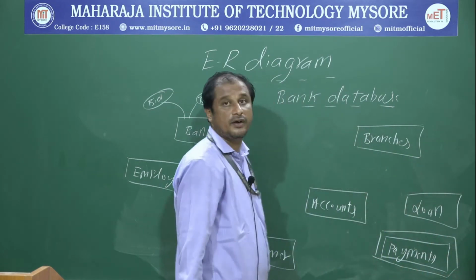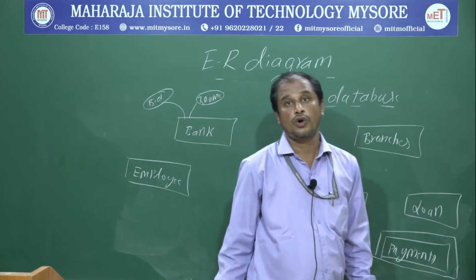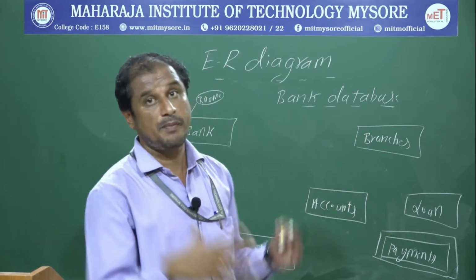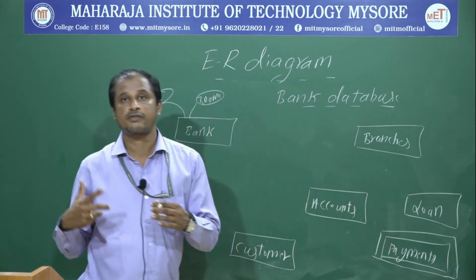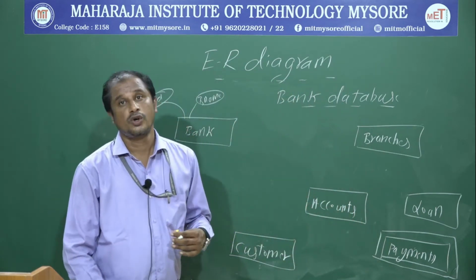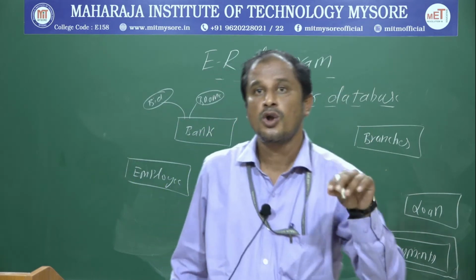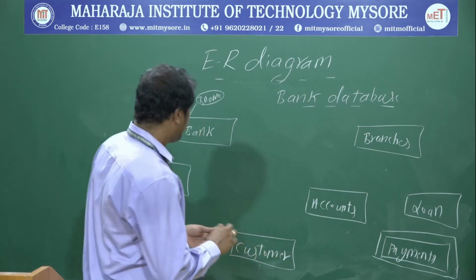It is called a weak entity because a loan has many payments, and payments can be identified based on loans, based on the loan number. That's what I have given for loan has payments.